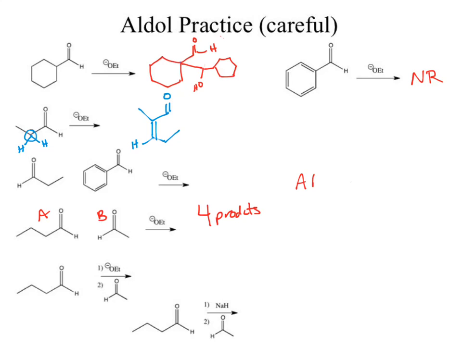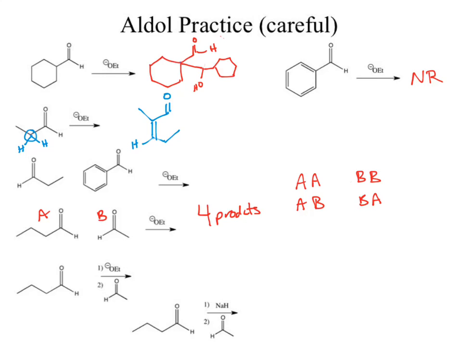We will have A reacting with A, A reacting with B, B reacting with B, and B reacting with A. 4 possible products come out of this. Okay? 2 crossed, 2 self. That's a mess. If we only want one of those products to come out of this, we might want to change our conditions. So what's the next reaction do?